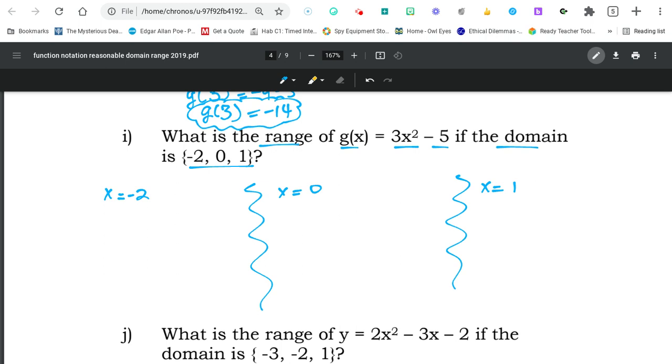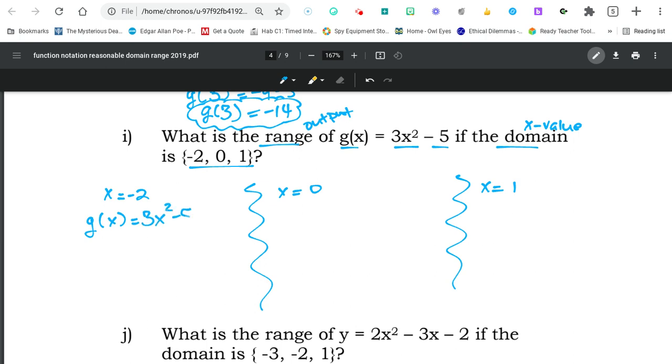Remember, your domain is a set of x values, and your range is a set of y values, or what you get out. That's your output. So basically, you're just finding the output. You have to put your x value in the function, and your y value will take care of itself once you put in that x value.